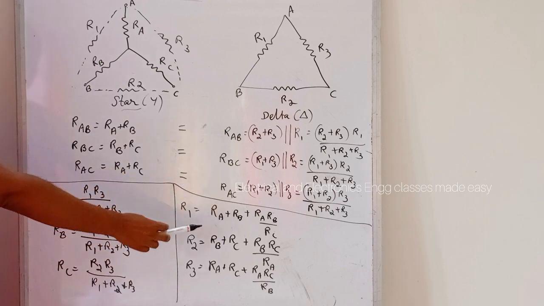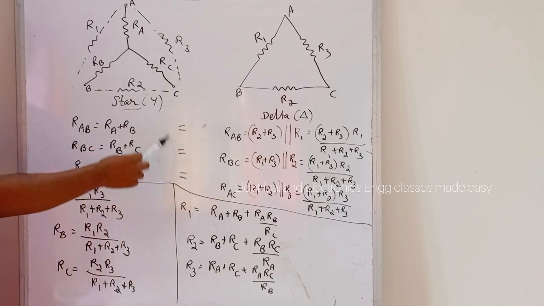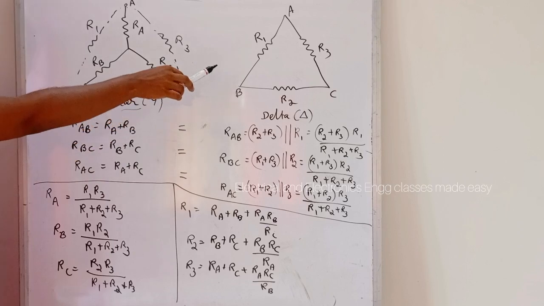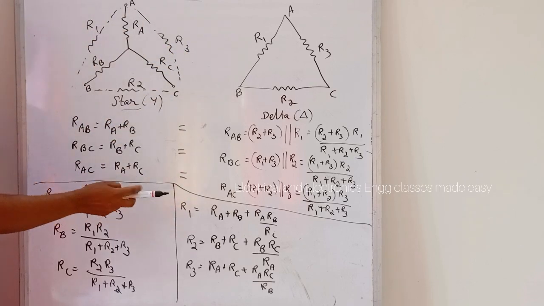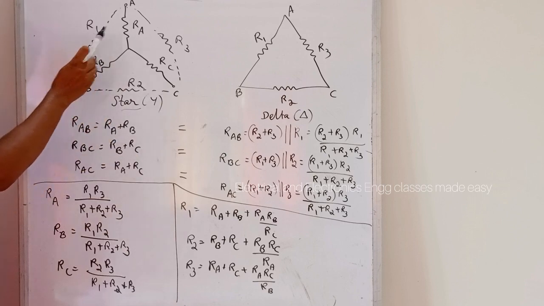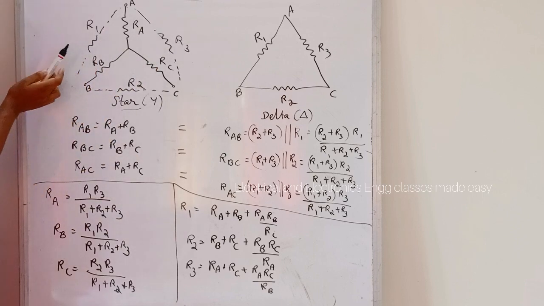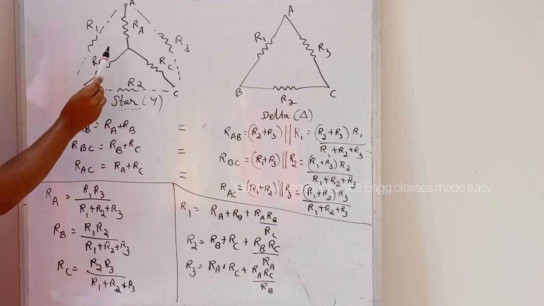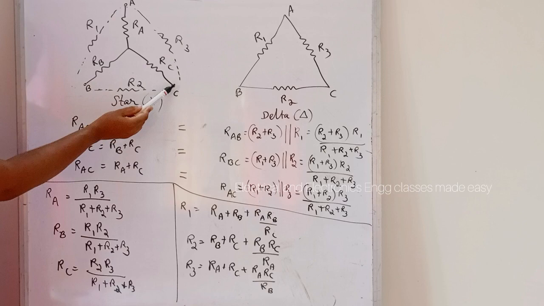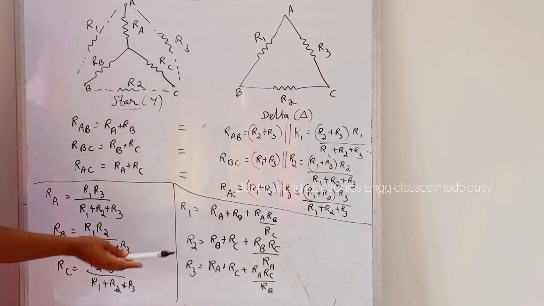And similarly, if we want the resistances in delta connection from the star connection, then R1 is equal to, the resistances connected to this point are RA and RB. So RA plus RB plus RA into RB divided by the other resistance RC.